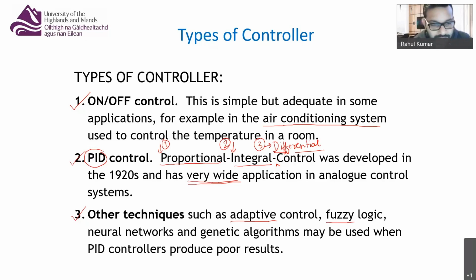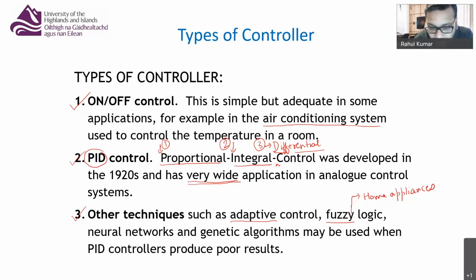Fuzzy logic is also quite commonly used in home appliances, something like washing machines, microwaves and all. So you have a controller, and generally it is a fuzzy logic controller.